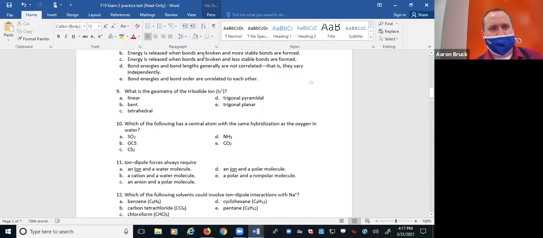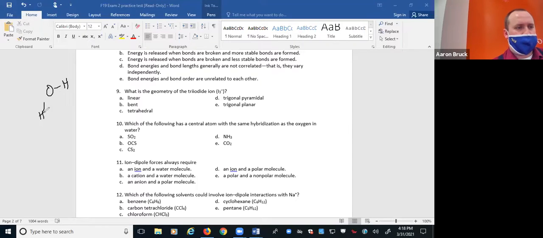That being said, we have to start with water. So with water, I have a steric number of 4, which would be sp3. What I'm looking for is I need something else that is sp3. And so from that standpoint, I should be able to right away eliminate CO2 and CS2.